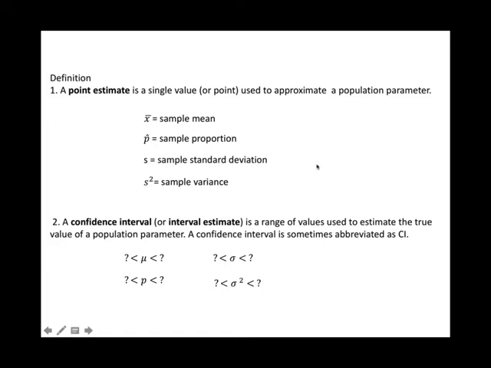Starting from Chapter 7, instead of using a point estimate, we want to use a confidence interval to approximate the population parameter. In Section 7.2, we already took care of the sample mean. We know how to construct the confidence interval for the population mean. In this section, we will focus on the sample proportion.